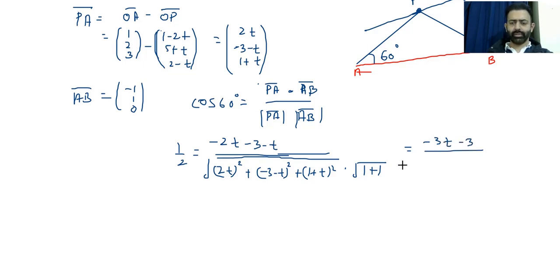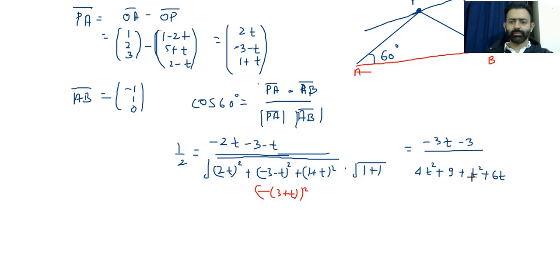In the denominator, it is 4t square plus the minus can be taken outside, which becomes 3 plus t, and squaring, it becomes 9 plus t square plus 6t.